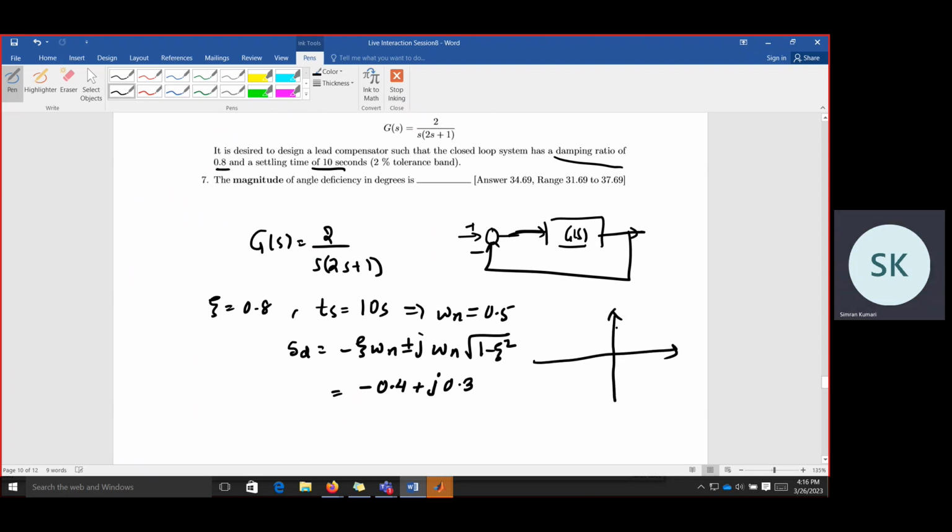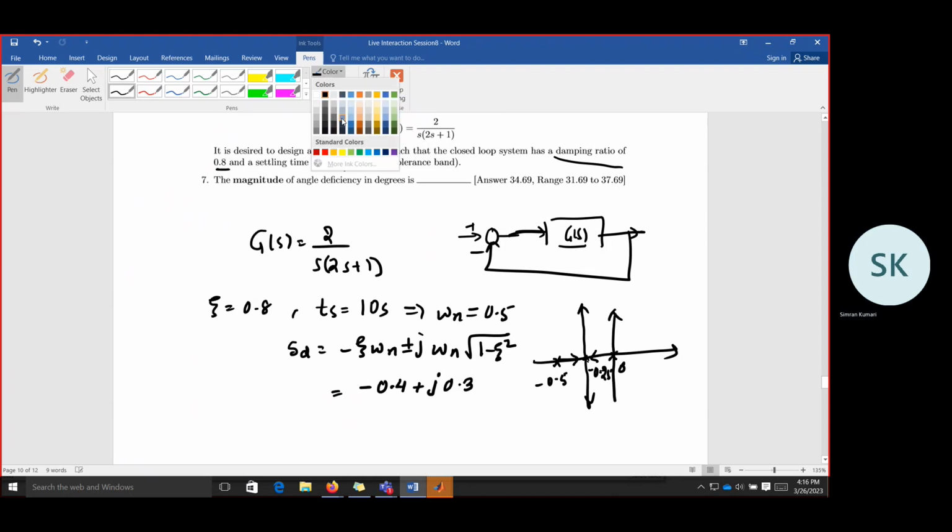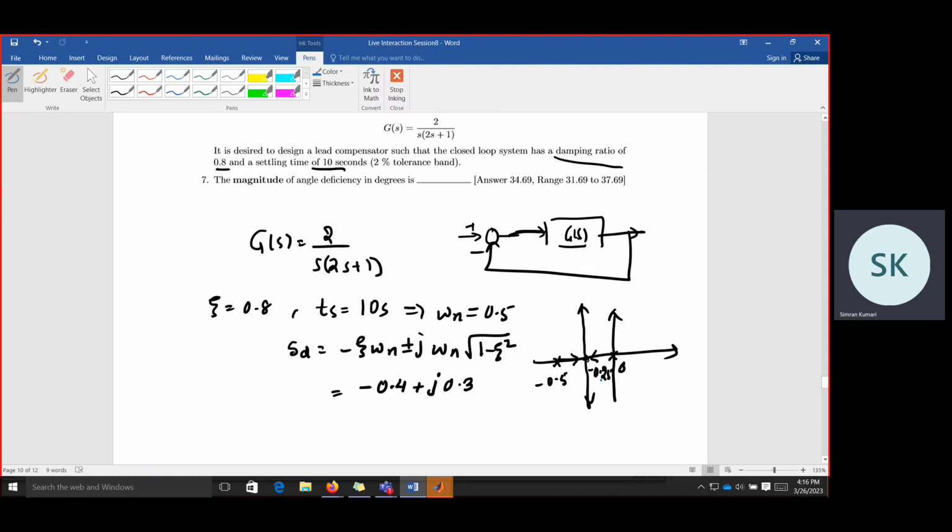If we see the root locus plot, at 0 we have two poles, and the roots will move like this, where this will be minus 0.25. So this much we know, that this will be minus 0.25.